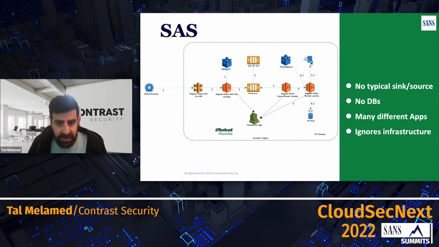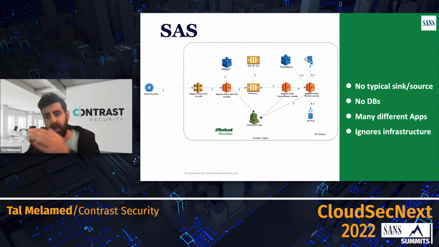So SAST, static application security testing. Really, the problem with current static application security testing is that it looks into traditional flows, starting from the API, going through all your system, and ending in the database or the response.